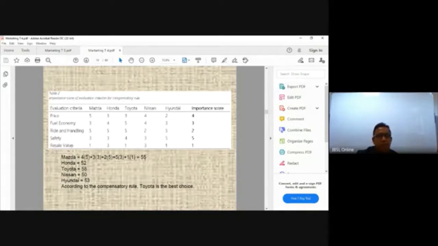So based on that, you have taken 5 criteria. Out of the criteria, for each criteria you are given weightage. What is the weightage?